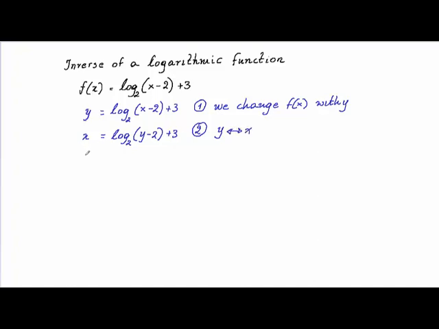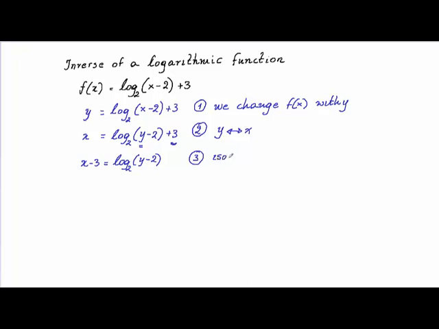Step 3 is that we want to isolate the y, but the y is in the argument of the logarithm. So the first step is to move the number 3, that is a constant, to the left side of the equation. So now we have x minus 3 equals log with base 2 of y minus 2. Okay, why do we do that? Remember, our goal after step 3 is to isolate the y.